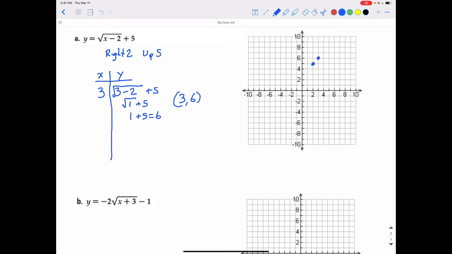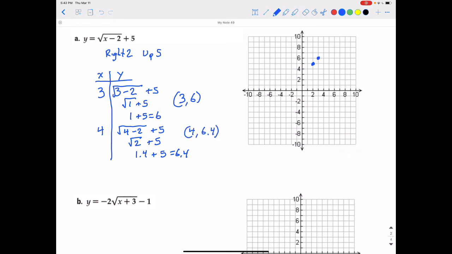And then I could graph with a 4. So what happens if I replace x with 4? That would give me the square root of 4 minus 2 plus 5. 4 minus 2 is 2, so square root of 2 plus 5, and the square root of 2 is approximately 1.4, and I'm going to need to know that for graphing purposes. 1.4 plus 5 would be 6.4, so another point I could graph would be 4, 6.4.